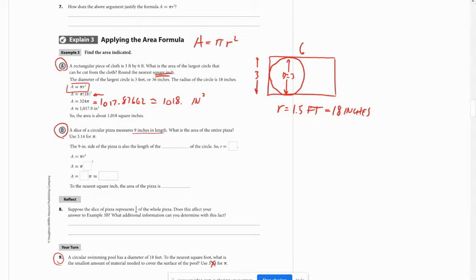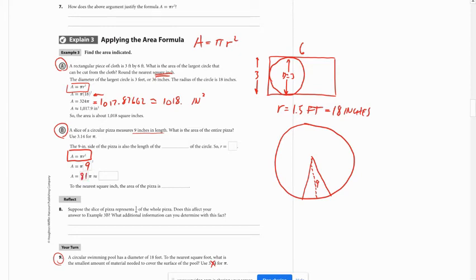Okay, in example B, a slice of a circular pizza measures 9 inches in length. What is the area of the entire pizza? So if you imagine a slice of pizza, when they say 9 inches long, I think they're talking about this measurement, 9. So that would be our radius. And so our radius is 9 inches, so the area is pi times radius squared. So that's pi times 9 squared, and 9 squared is 81, so that is 81 pi.